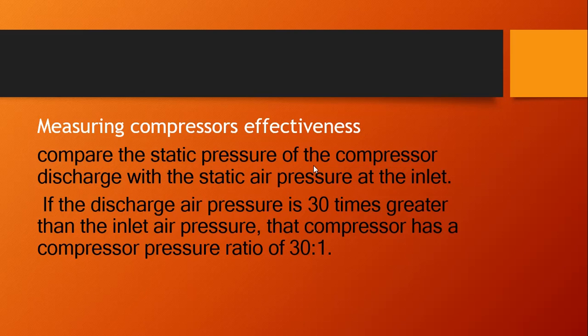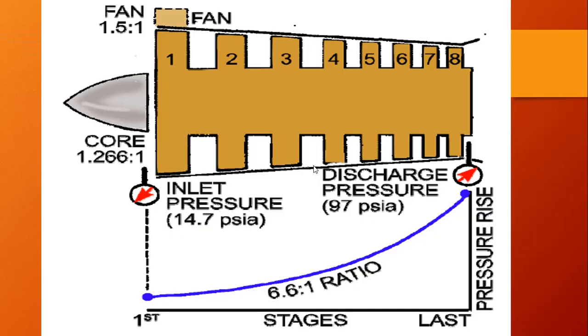If the discharge air pressure is 30 times greater than the inlet air pressure, that compressor has a pressure ratio of 30:1. You compare the discharge with the inlet. So in other words, if you find that the discharge air pressure is 15 times greater than the air inlet pressure, that compressor pressure ratio is 15:1.